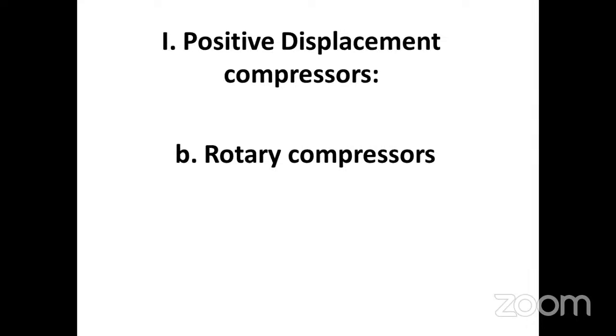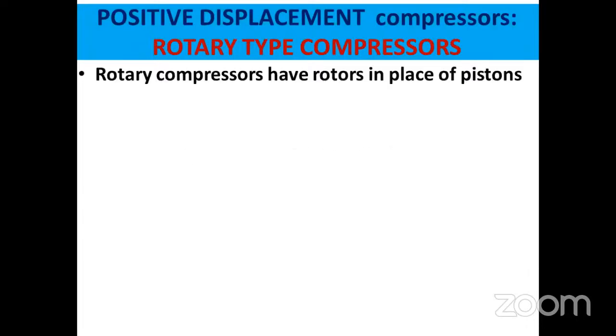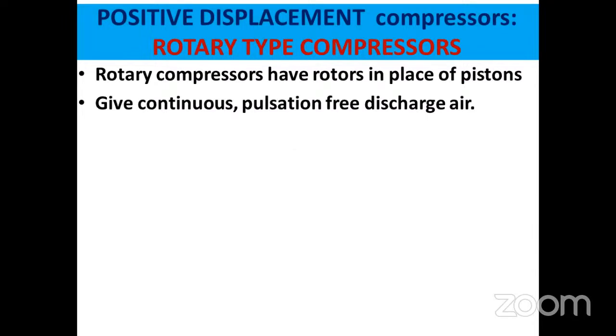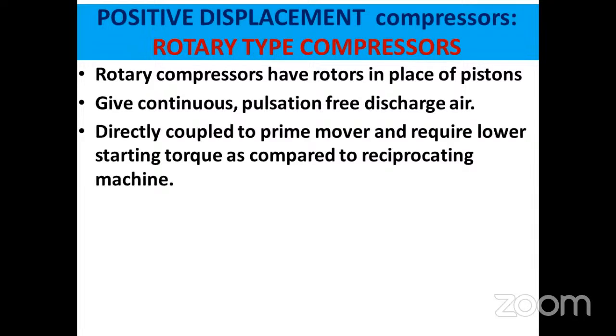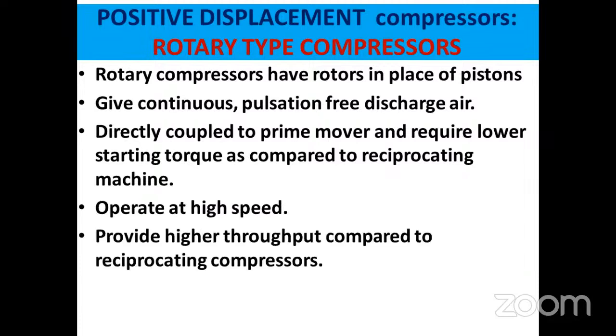In the positive displacement category, we have another type, that is rotary compressor. Rotary compressors have rotors in place of pistons and give continuous pulsation-free discharge. In reciprocating type, we get a discharge with pulsation. Since it is directly coupled to the prime mover, it requires lower starting torque and operates at high speed.